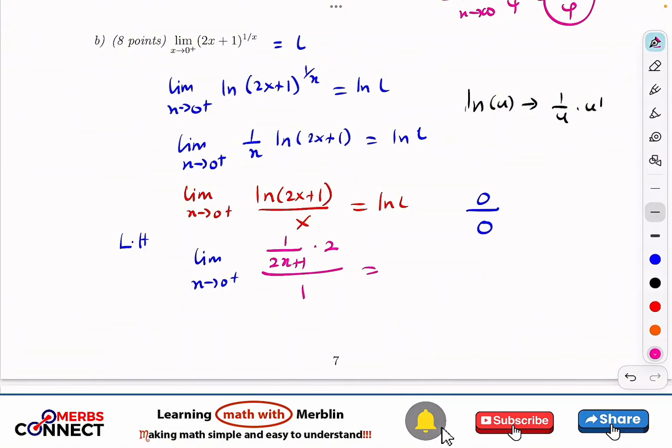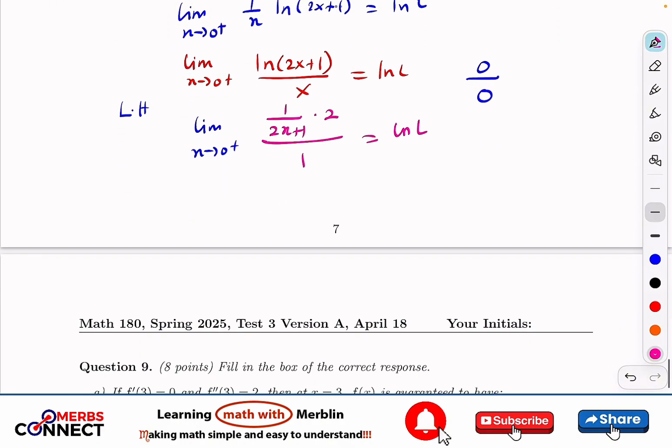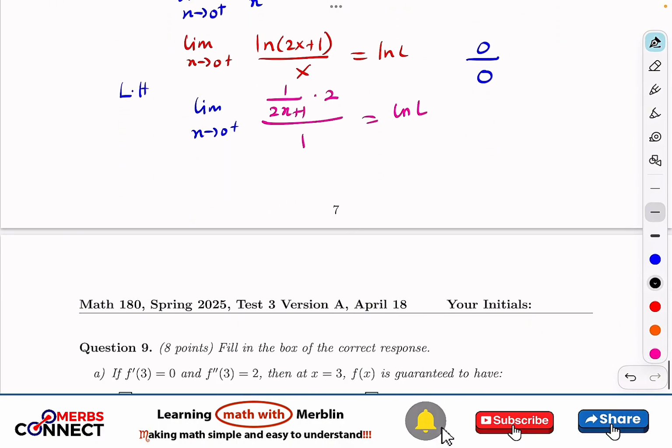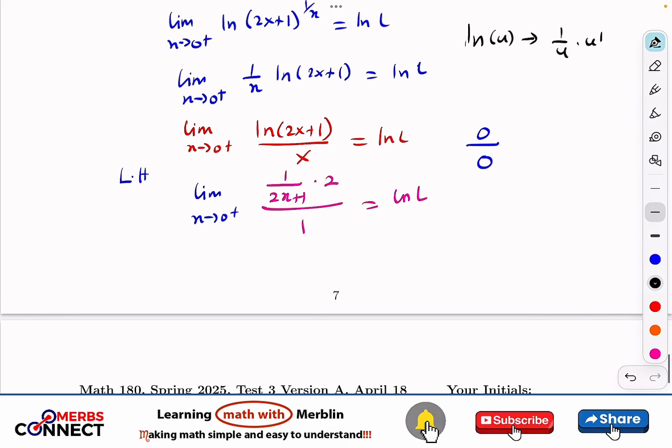Divided by 1, which is equal to the ln of L. So now what is happening here? We can write this as x approaching 0 from the positive side, and the top will be just 2 divided by (2x plus 1), which is equal to the natural log of L.